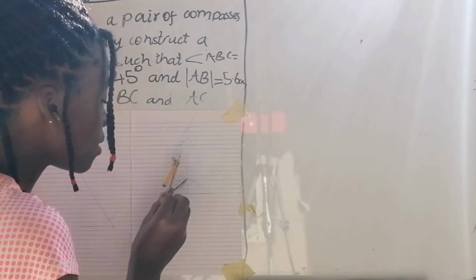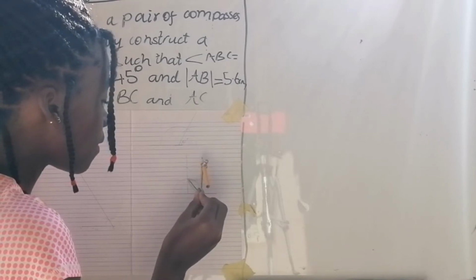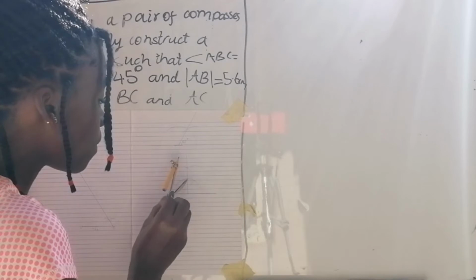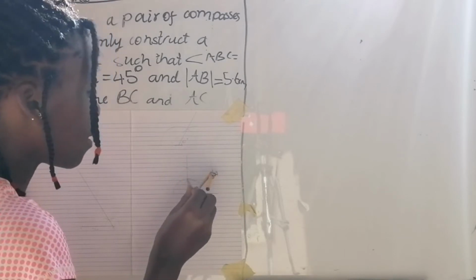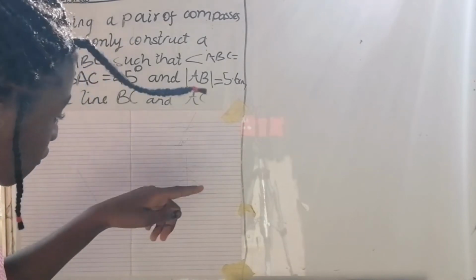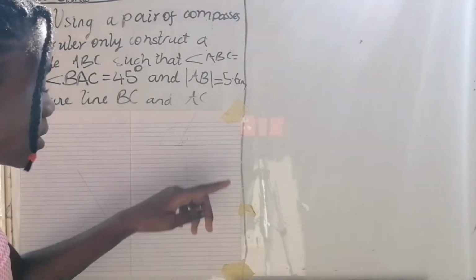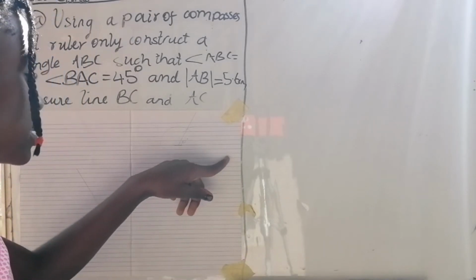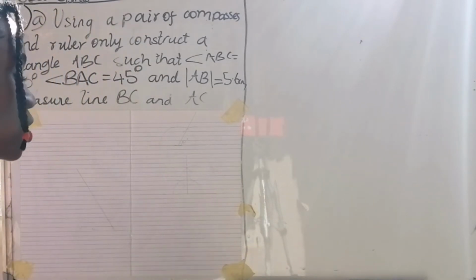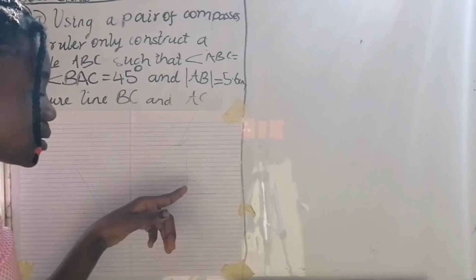then I strike another arc. Good. Now from this intersection of these two arcs, I draw a straight line cutting across the middle and touching the point, the center of the semicircle.